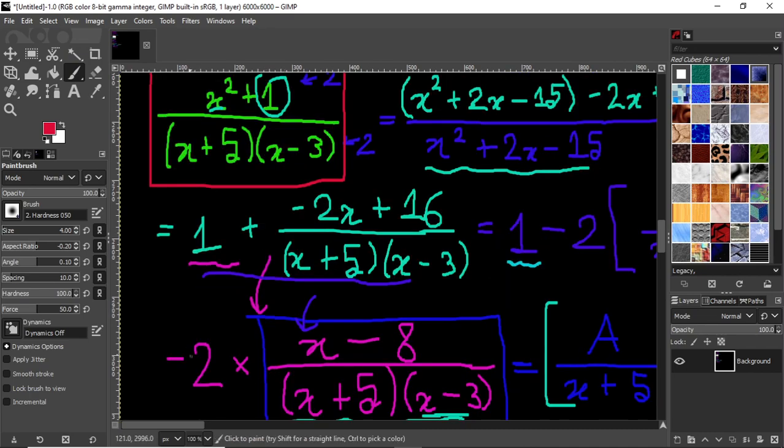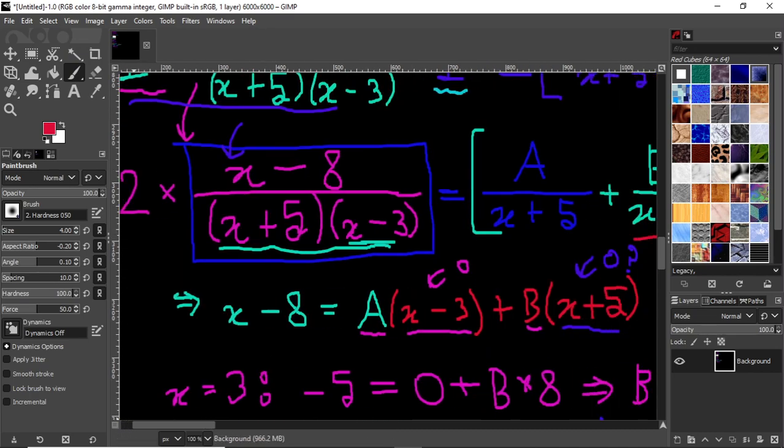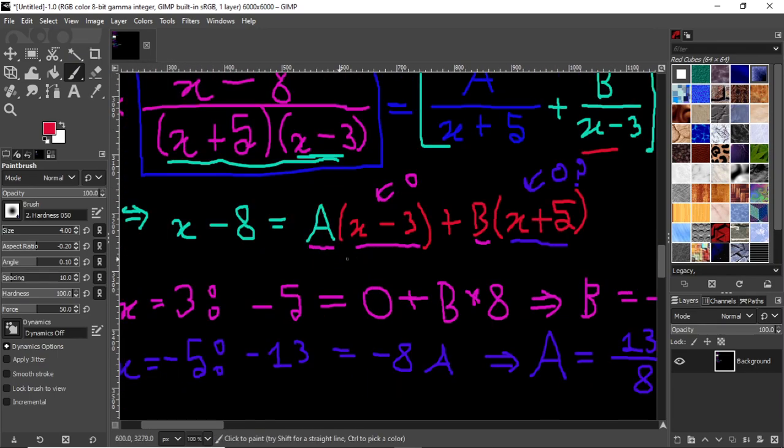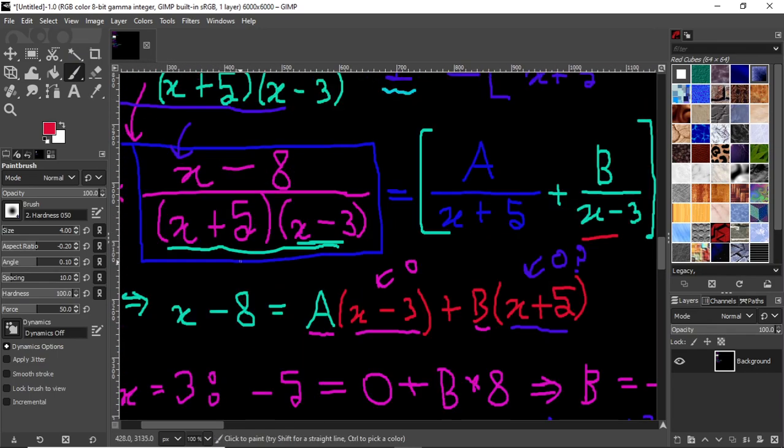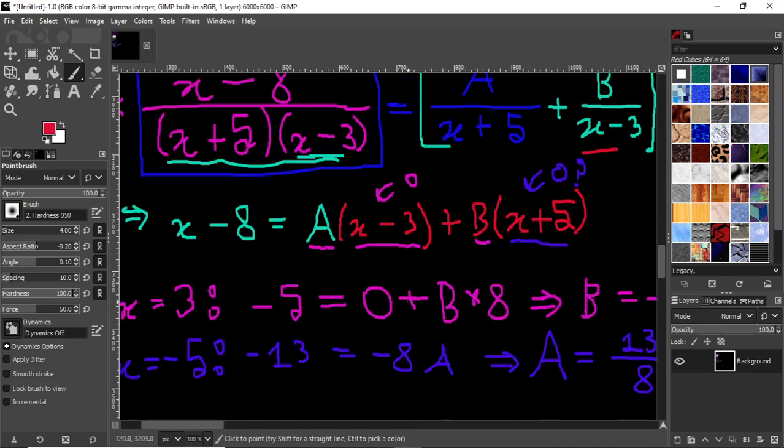you might have noticed this method that I used here, just when we have linear factors like this, and we could just make these factors 0. Okay, we made these factors individually 0. We found the constants. This method can be simplified.